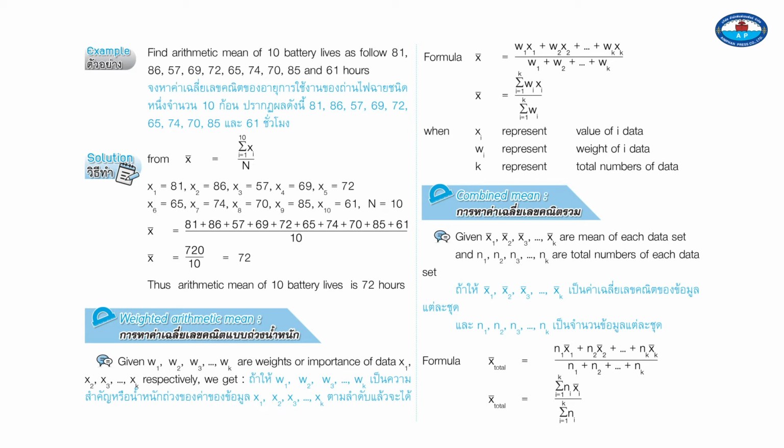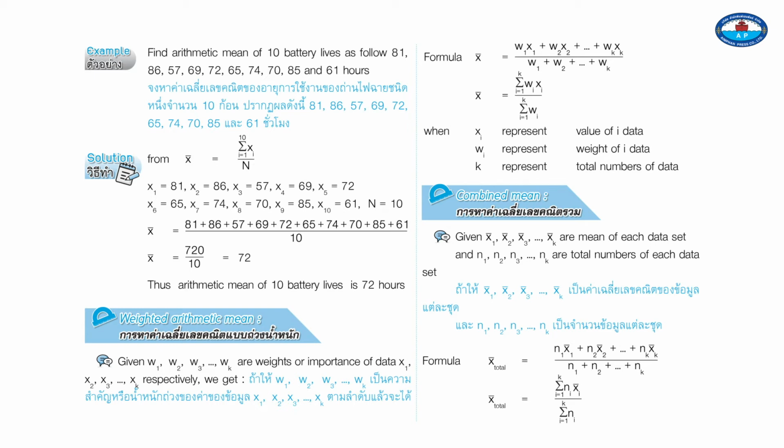Combined mean. Given x bar 1, x bar 2, x bar 3 through x bar k are the means of each data set, and n1, n2, n3 through nk are the total numbers of each data set.